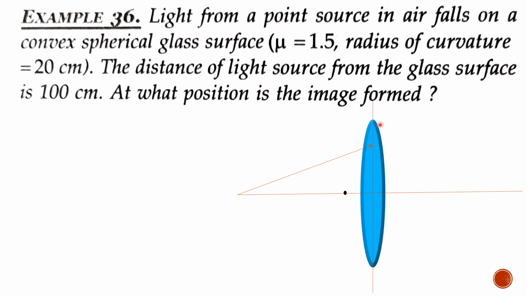So consider your glass surface. Light from the point source falls on a convex spherical glass surface. Now the glass surface has a refractive index of 1.5.